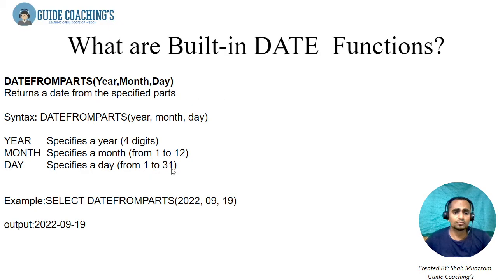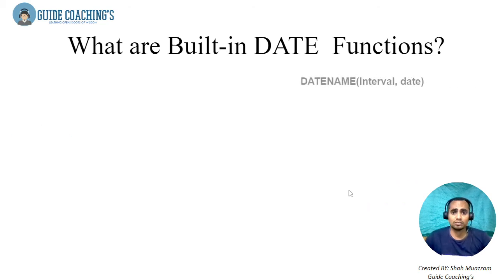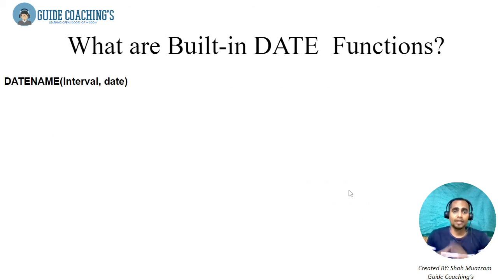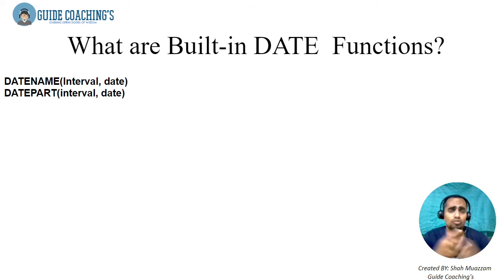Now, moving to our next method, that is DATENAME. It simply takes the interval, as we have seen the intervals, and it takes the date, and then it converts whatever interval you have given to it. It could be year, month, day, or quarter.